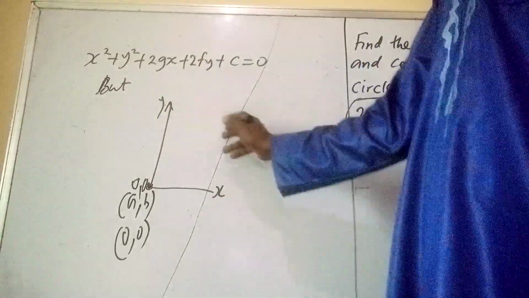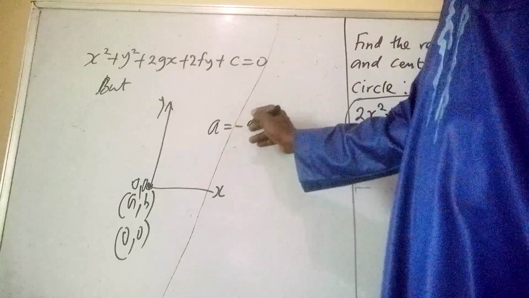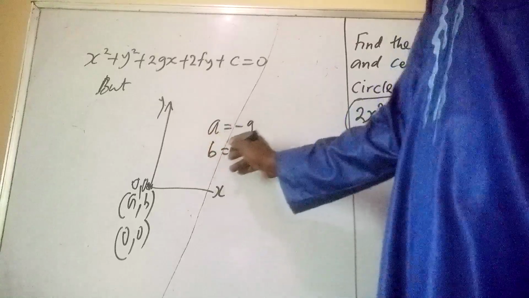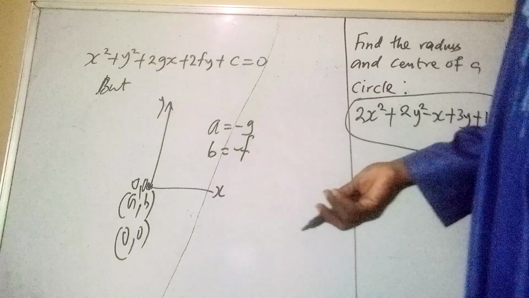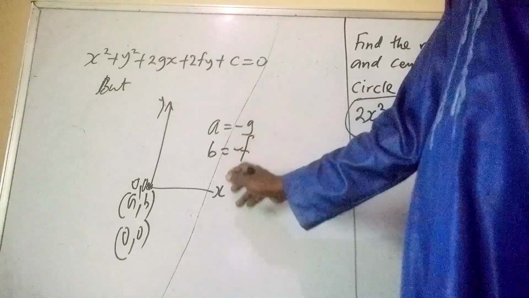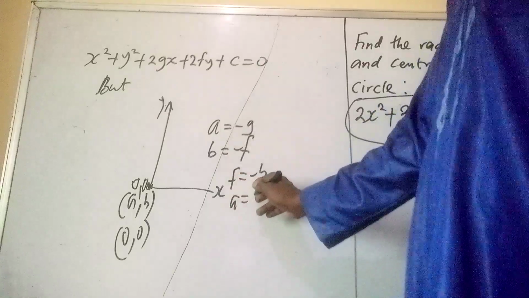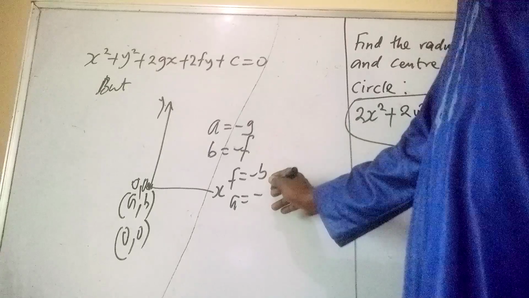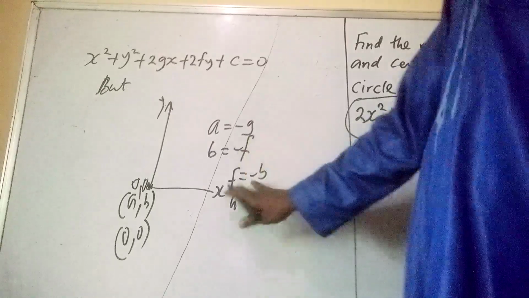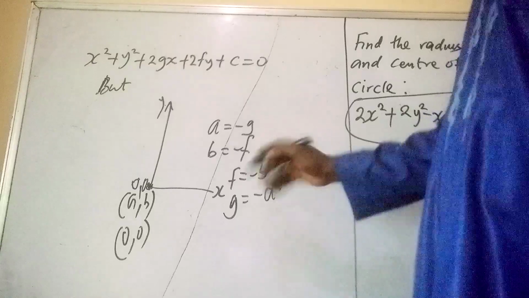Why? Because don't forget, A is equal to minus G and B is equal to minus F.